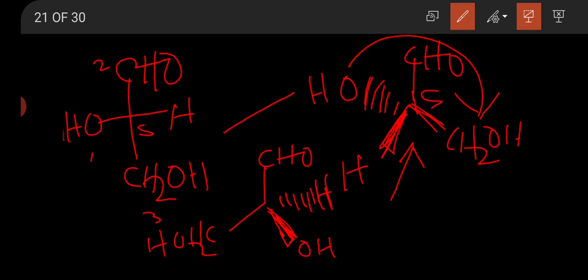That is, the right side horizontal bond is our dotted bond in wedge.